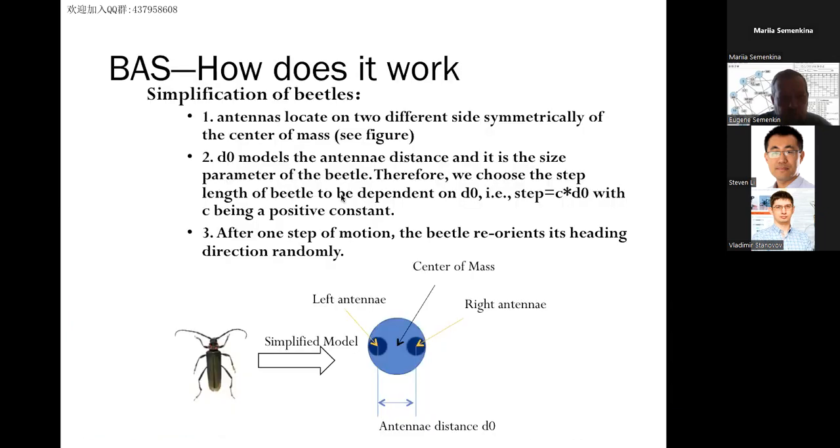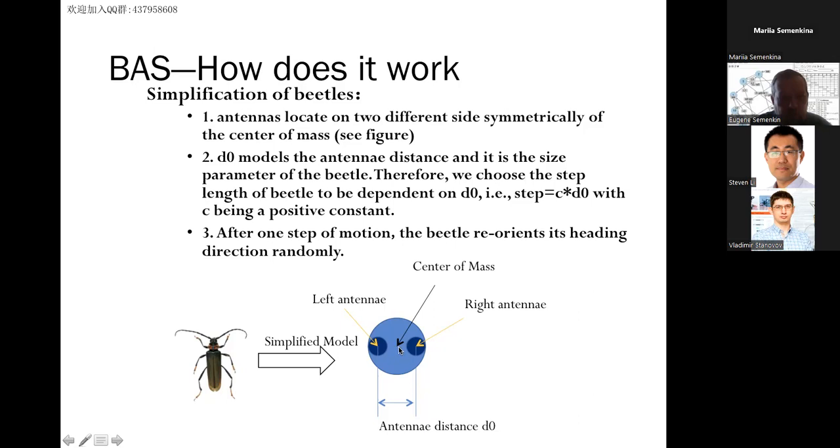We can model the system in this way. We have a beetle, and we can treat the beetle as a circle with a center, and on two sides of the center there is a left antenna and a right antenna. We can define the distance between the two antennas as D0. We are going to use the parameter D0 later.